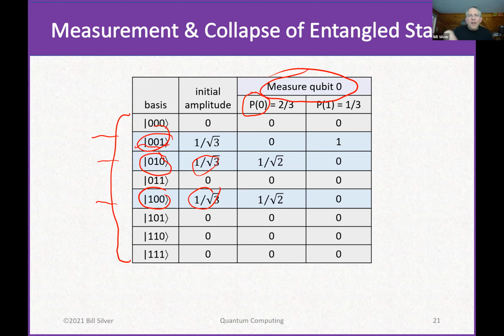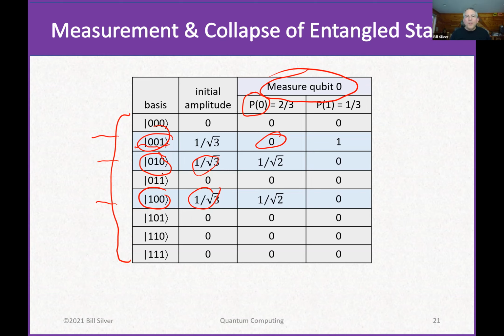If I measure it as a 0, then that qubit is going to collapse to the 0 state. It is now in the 0 state, and that state is no longer entangled with anything. It is deterministically 0.